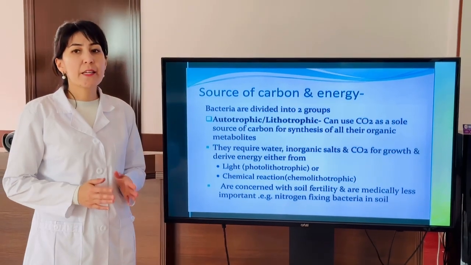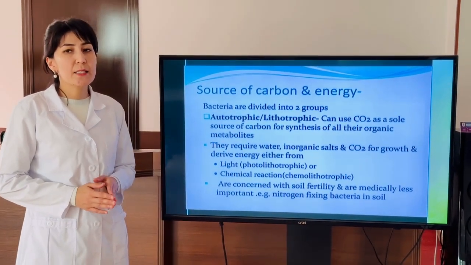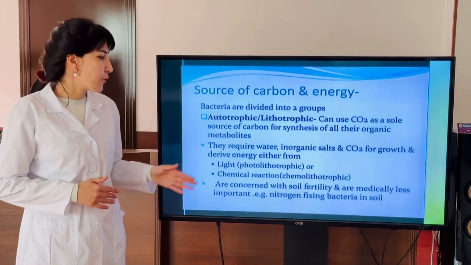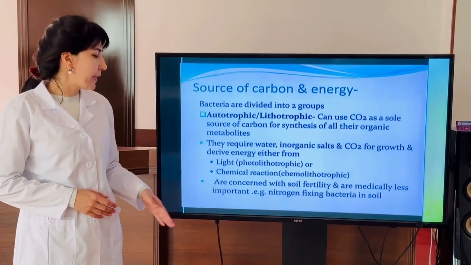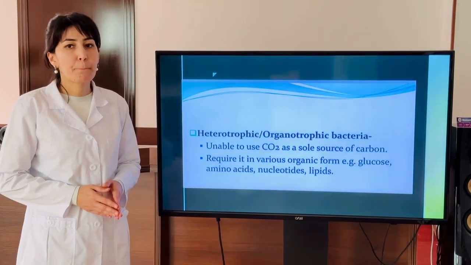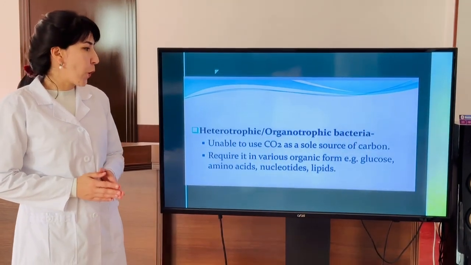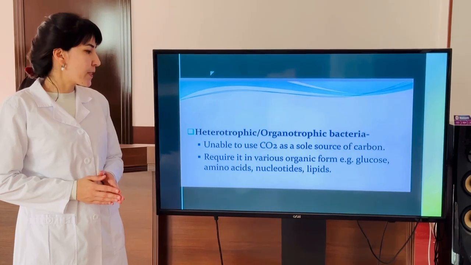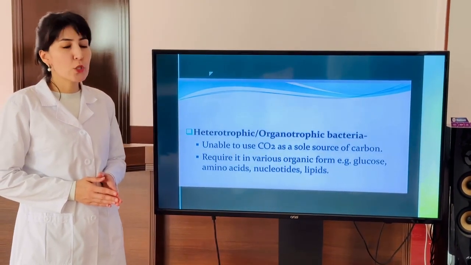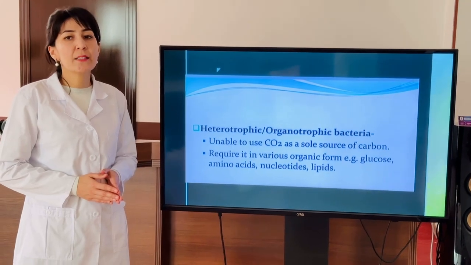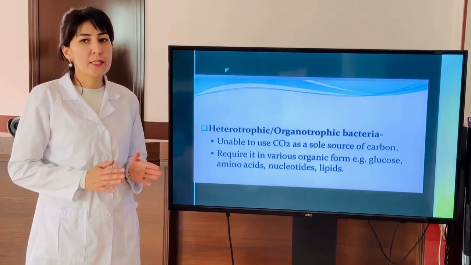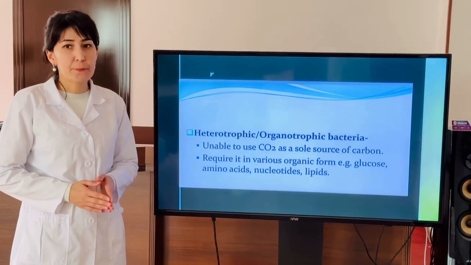They require water, inorganic salts, and carbon dioxide for growth, and derive energy from light, chemical, and other sources. Heterotrophs, or organotrophs, are unable to use carbon dioxide as a sole source of carbon and require various organic forms such as glucose, amino acids, nucleotides, and lipids.